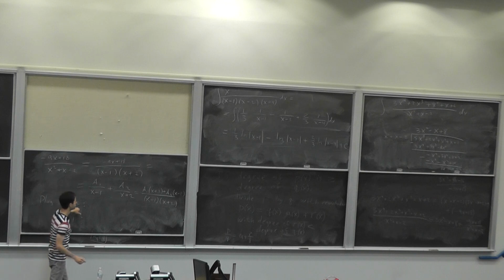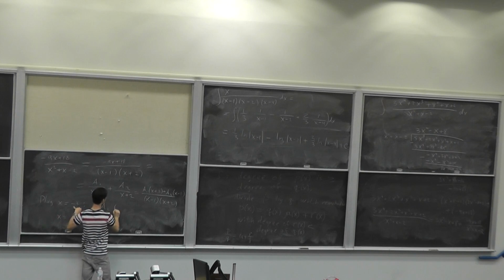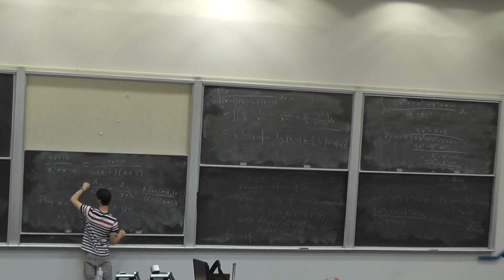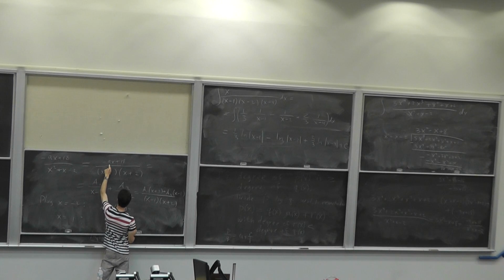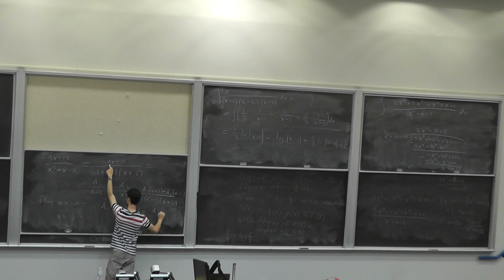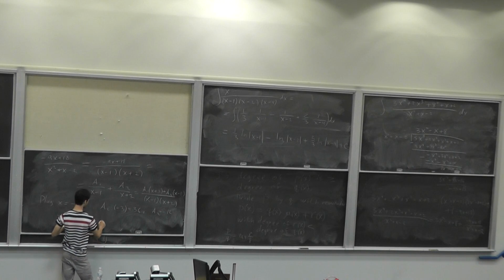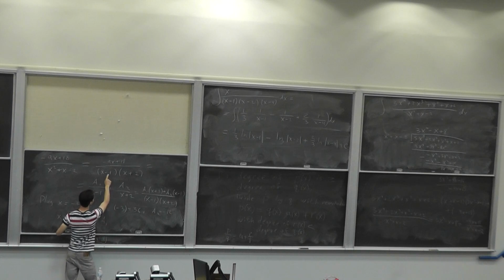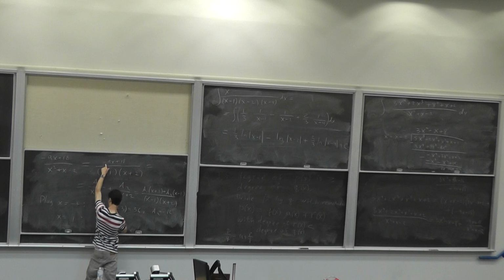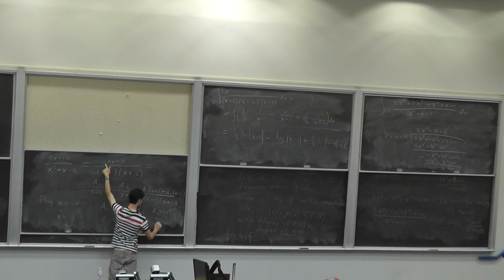The first one gives me a2 minus 3 is equal to minus 12 at the end. And this one gives me a1 minus 3 is equal to 2. So a1 is 3.